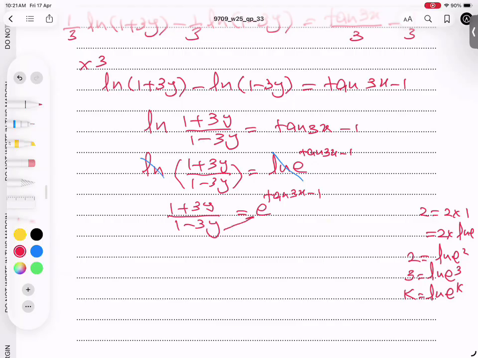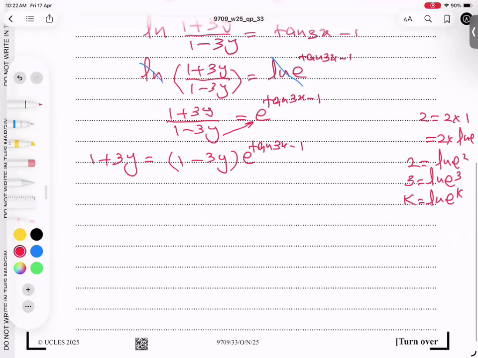Cross multiply. 1 plus 3y is equal to 1 minus 3y times e to power tan 3x minus 1. So 1 times this, multiply and multiply like this. I'm getting e to power tan 3x minus 1 and minus 3y e to power tan 3x minus 1.